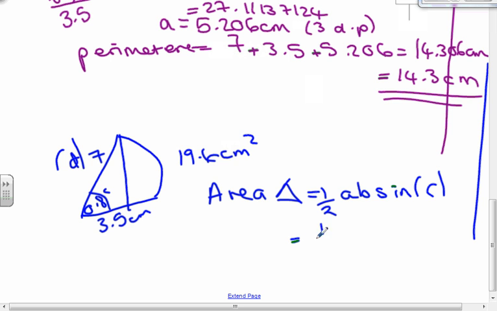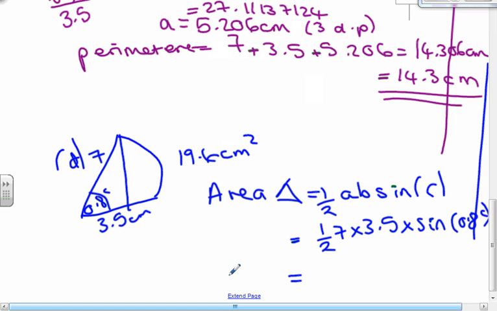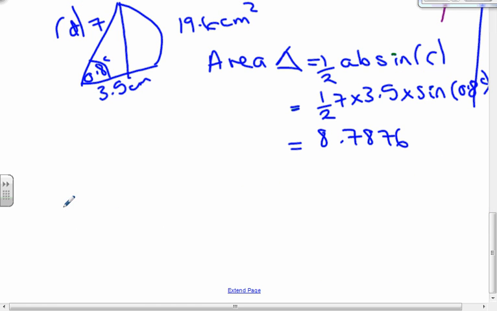So that would be equal to a half of 7 times 3.5 times sine of 0.8 radians. And making sure your calculator is set to radians, typing that in will give you 8.7876.